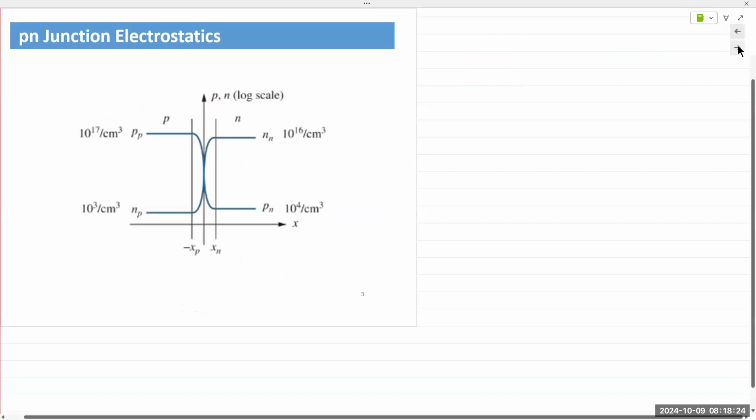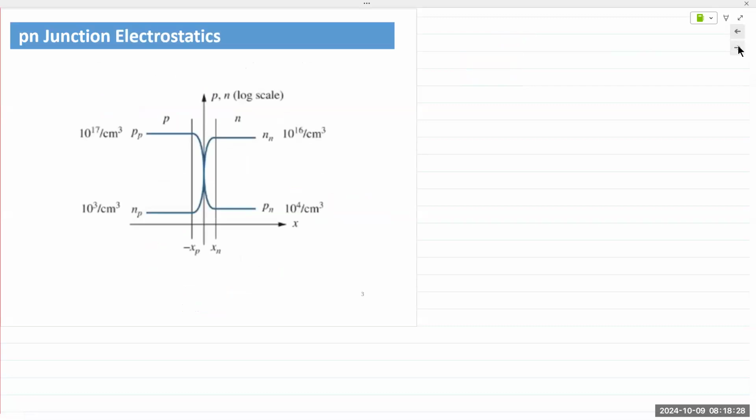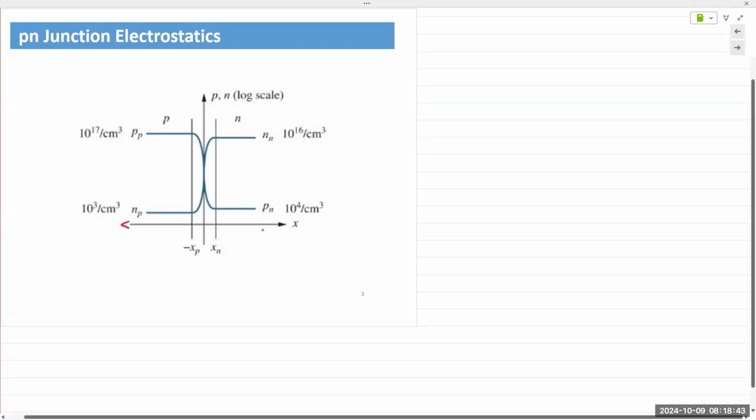All right, so what is happening at that junction when we bring it into close contact? The illustration shows you a graph of X and Y axis, but realistically speaking, it's actually in both directions.